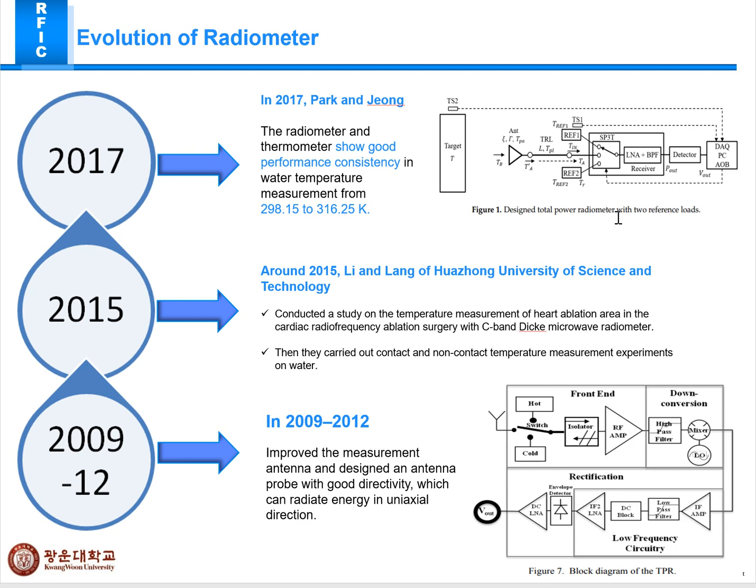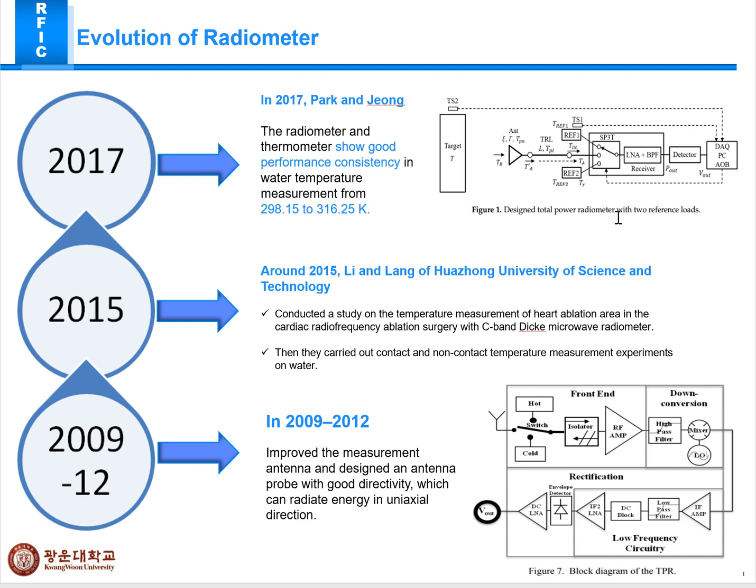I have gone through the reference paper also, and I found this figure. In 2017, the previous paper which I was reviewing at that time, I think it was Park and Jeong.